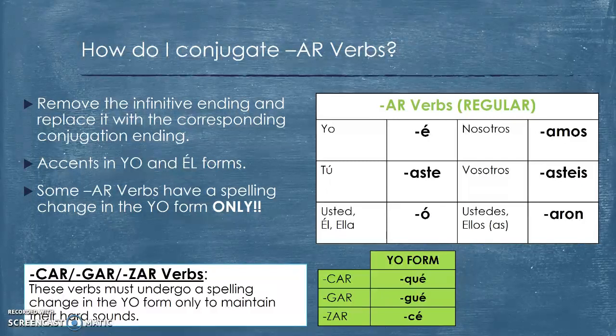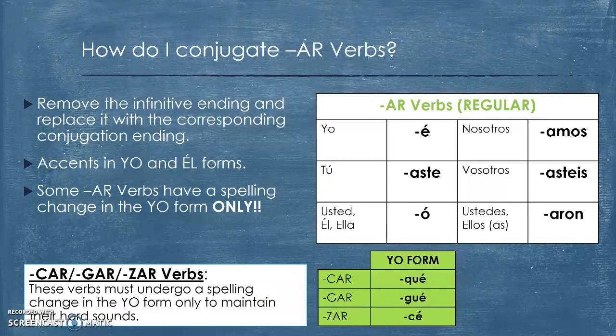If I take a car verb and replace the AR with an E with an accent mark, like what happens in the yo form, it goes from car, k, to se. And Spanish says we can't change the sound of a verb, so in order to keep the sound, car, gar, zar verbs have a slight change only in the yo form.